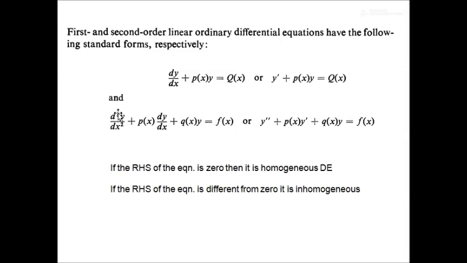Now, if the right hand side of this differential equation is 0, that means this q(x) is 0, then this differential equation is known as a homogeneous differential equation. Otherwise, this equation will be an inhomogeneous differential equation. Initially, I am going to discuss homogeneous differential equations, and they must be linear because these are linear relations.